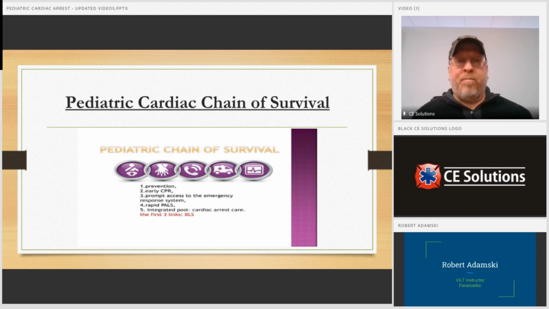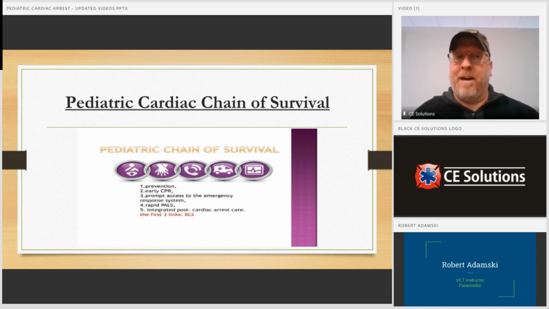And then step three is prompt access to the emergency response system. If we need that pediatric advanced life support or the defibrillator to show up to restart the heart, the sooner we activate EMS, the sooner we activate the emergency response system via 911, usually here in the United States, the quicker we can get those advanced resources that will make the difference and restart the heart.